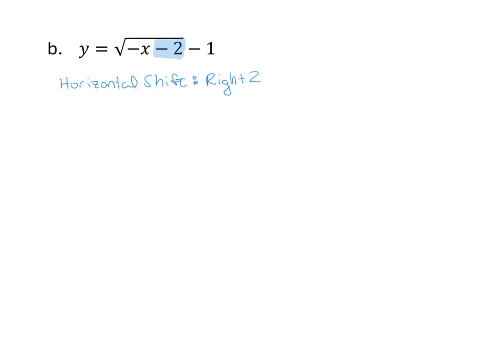The next thing that we have is this minus sign in front of the x. This is a horizontal reflect.